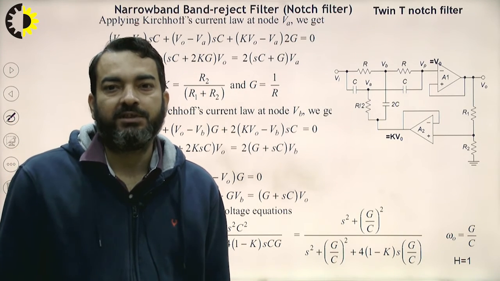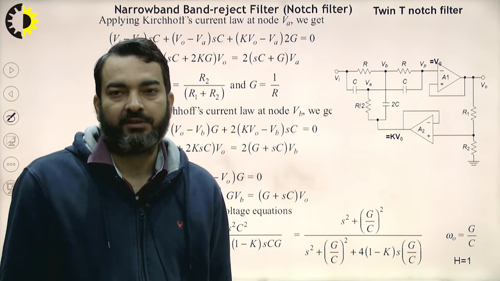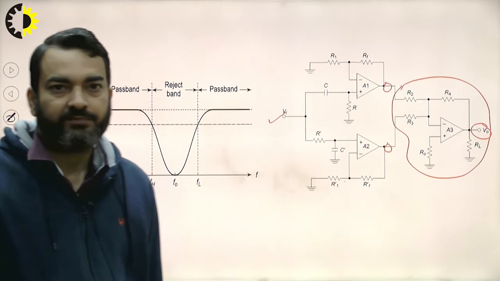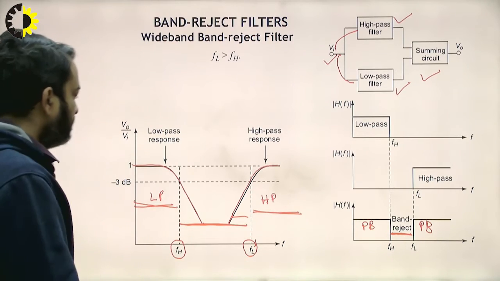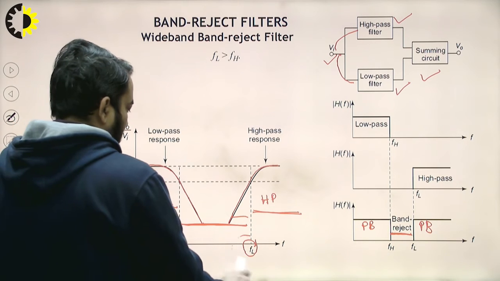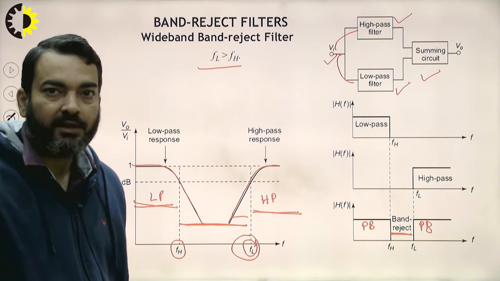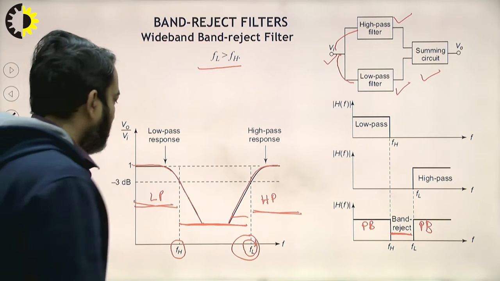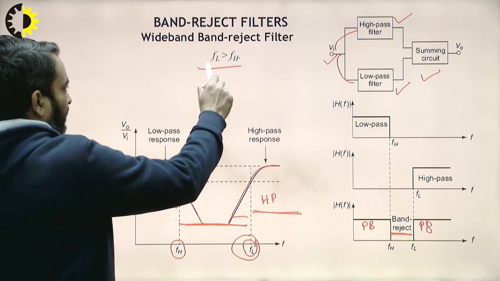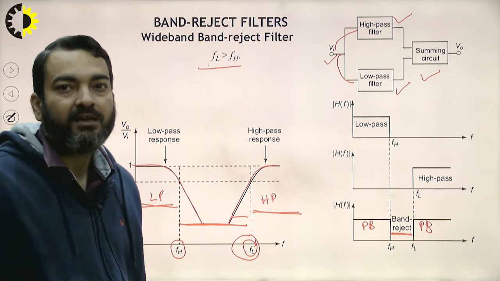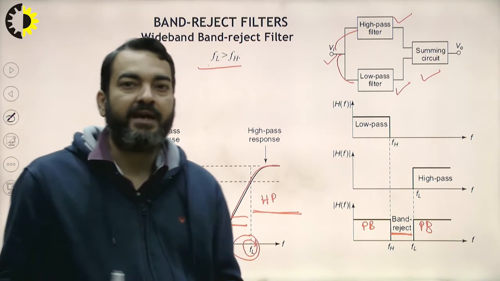Now we will see the narrow band reject filter. One more thing to keep in mind: FL must be greater than FH for getting the band reject response. If the gap of FL and FH is more than 10 times, we will say this is a wide band reject filter.